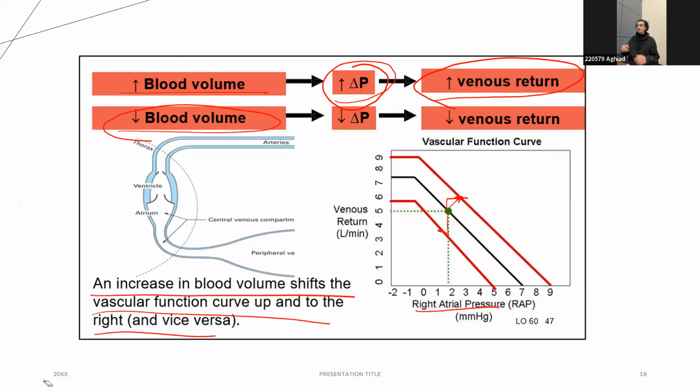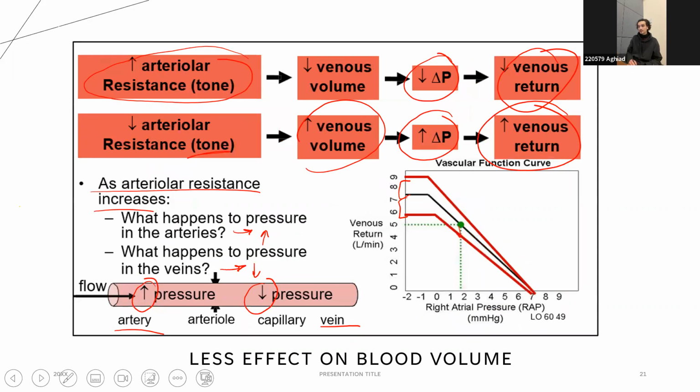We said blood volume is increased in the veins. All right. Can you guys hear me? Yeah, I meant where we have no change in right atrial pressure. That was for which one? For arteriolar resistance. Okay. As you can see here.